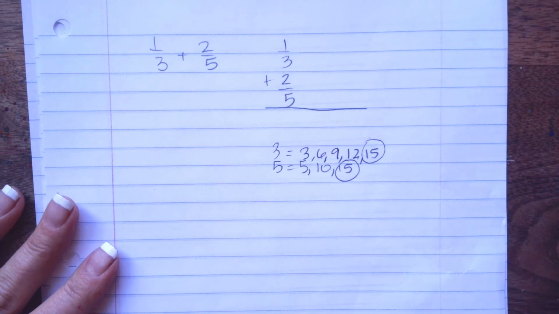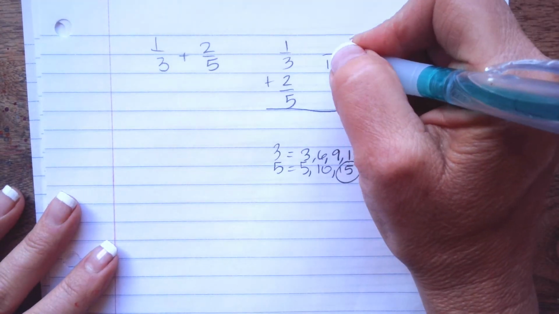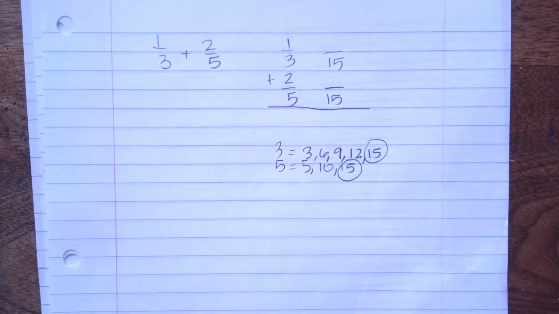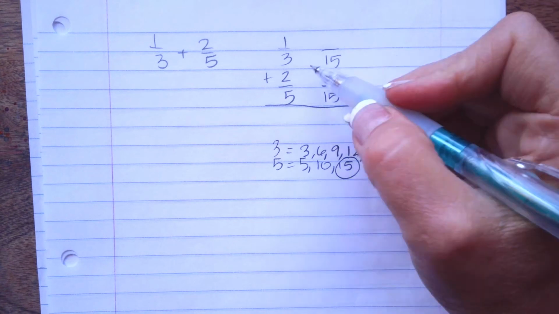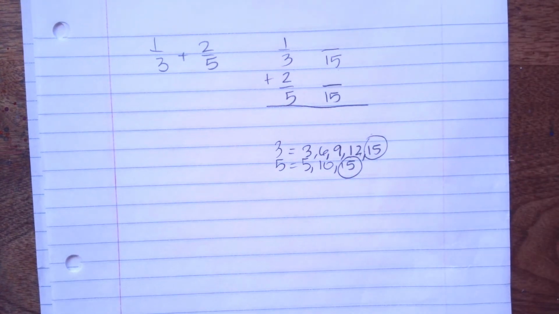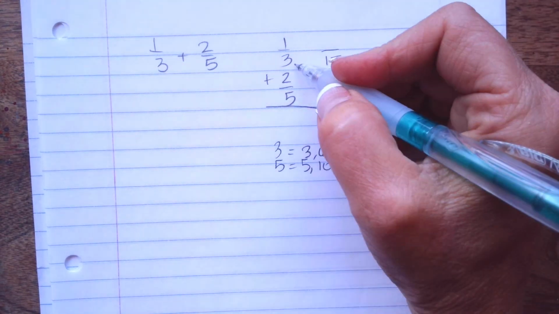So I circle it, and then I change this denominator to 15, and I change this denominator to 15. I can't just change a 3 to a 15. So what would I multiply it by, George, to get the 3 to a 15? 5.